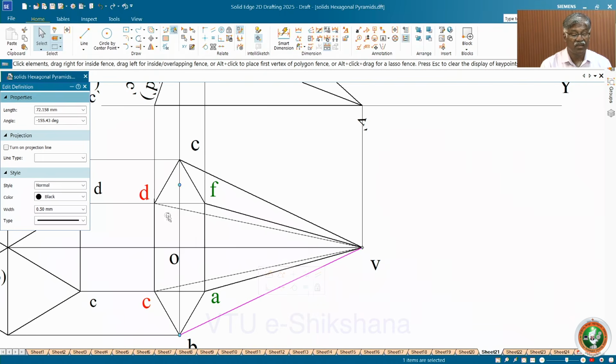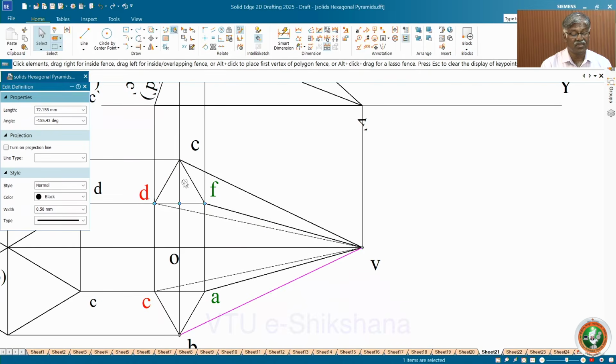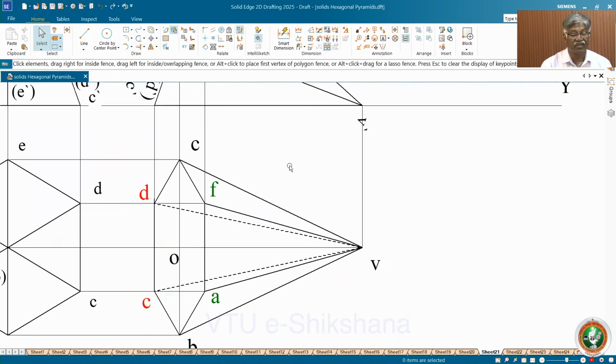Then DV and CV are not visible because visible surface, invisible line are crossing lines. Crossing lines cannot be of same pattern, they are a different pattern. So select these two, and 0.5, then invisible, that is hidden line. Yeah, that's all.